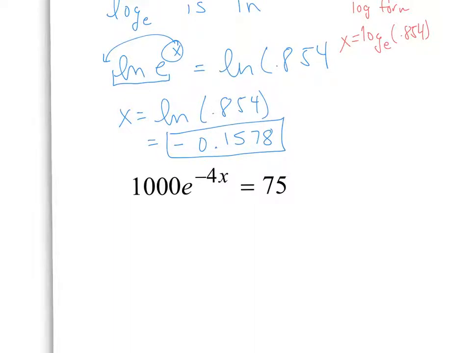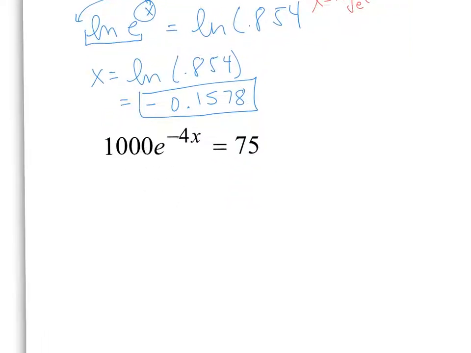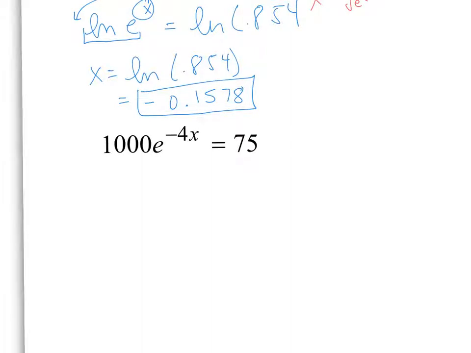Let's go ahead and take a look at one more of this type of question. Now, with this type of question, it's really important to get the base and the exponent all by itself on the same side of the equation.